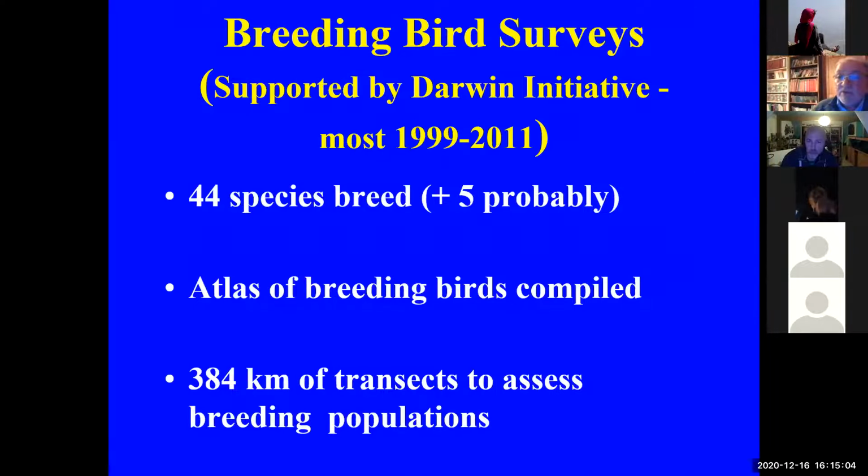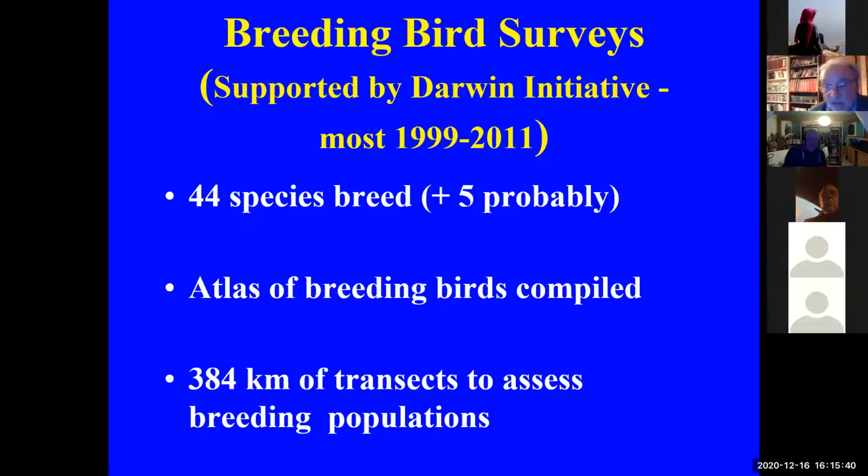And these breeding bird surveys were carried out largely between 1999 and 2011. And I'm glad that Dave Flum is in the audience today, because he came out to help with these surveys, which was a mixture of people from Britain and the Socotrans themselves, and particularly Ahmed Said Suleiman, and also Omar Al-Sahir from Yemen, who took part in the work to determine the number of species, help in the compilation of an atlas.